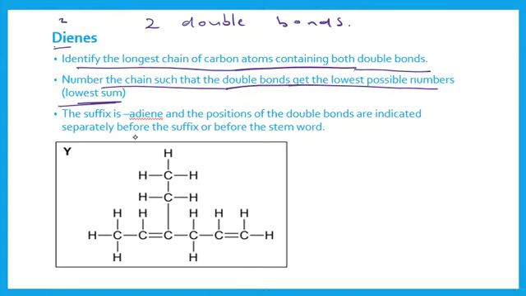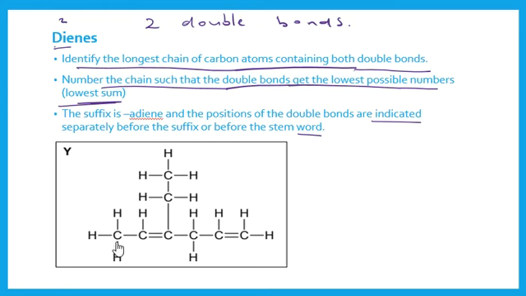The suffix is diene, and the positions of the double bonds are indicated separately before the suffix or before the stem word. Okay, let's name this compound. Number one, we are going to identify the longest chain of carbon atoms, and both double bonds must be in that carbon chain.